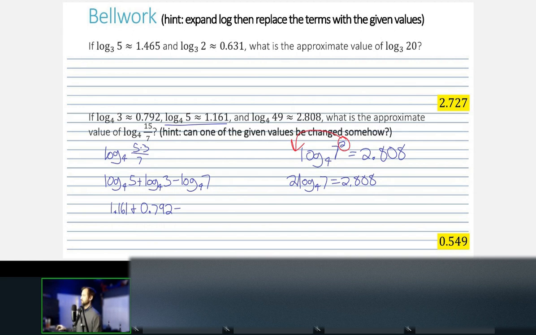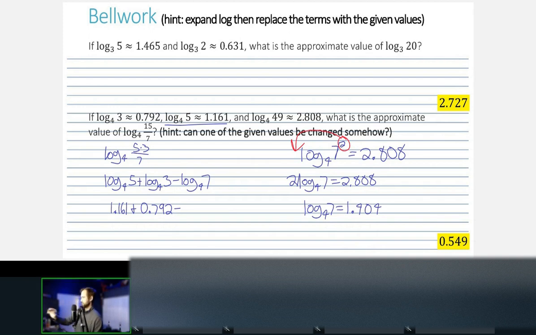Then we divide both sides by 2, and we get log base 4 of 7 equals 2.808 divided by 2. Super easy to divide by 2 because everything is even. We get 1.404.